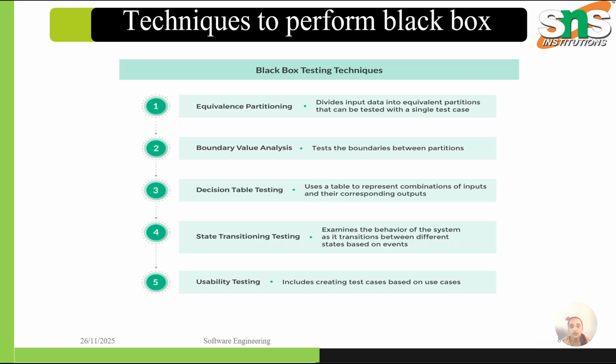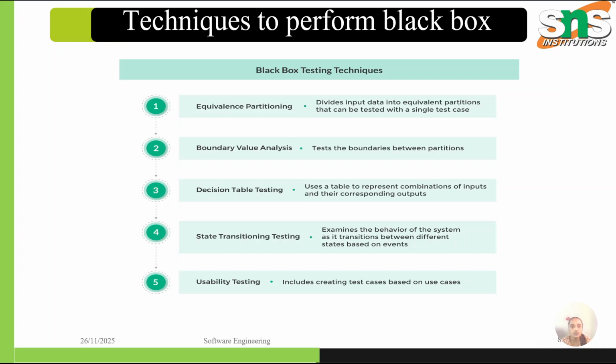Whenever we are giving the input data, it will divide into equivalent partitions. Whenever we give three or four inputs, it will automatically divide them into equal partitions that can be tested with a single test case. That is called equivalence partitioning.